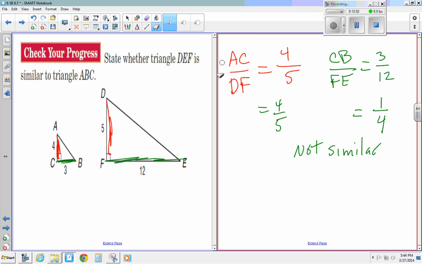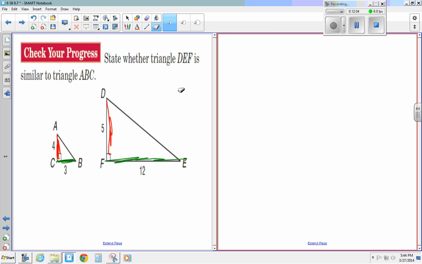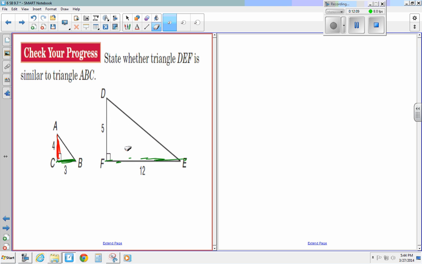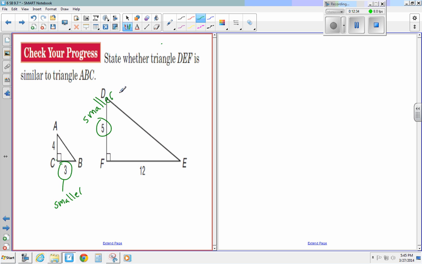But I want to show you one other thing that we need to take a look at. When we are looking at corresponding sides, the answer to this is they are not similar. But when looking at 3 and 4, 3 is the smaller number. So for a right triangle, CB should match with the other smaller number.